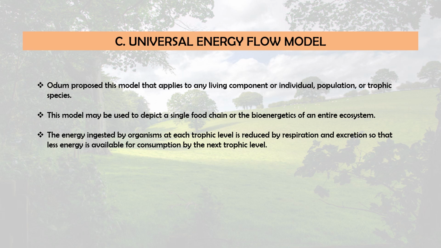So there is less energy available for consumption by the next trophic level. And we know this through the 10% law, because as the plants get the energy from the sun, the plants only take up 1% of the solar energy, and from plants 10% is absorbed by the next level, that is the primary consumers.